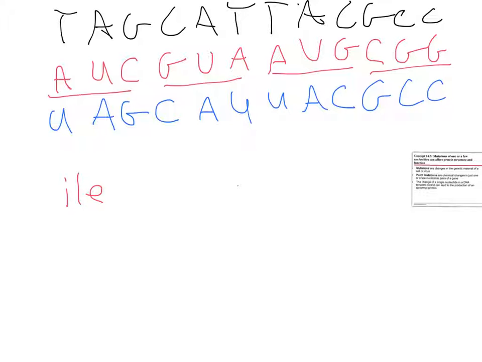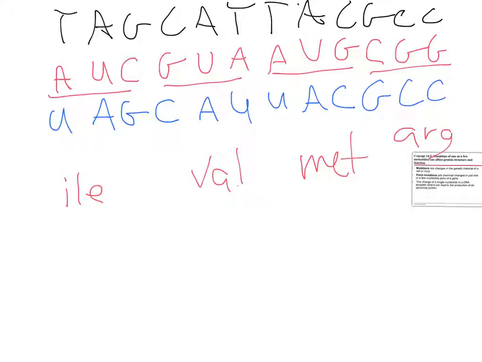Valine, okay, VAL. What's AUG? It's methionine. Okay, start codon or methionine. Okay, and what's CGG? Arginine, ARG. Okay, so we have three of those. All right.